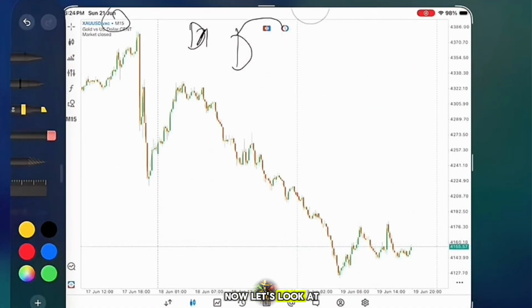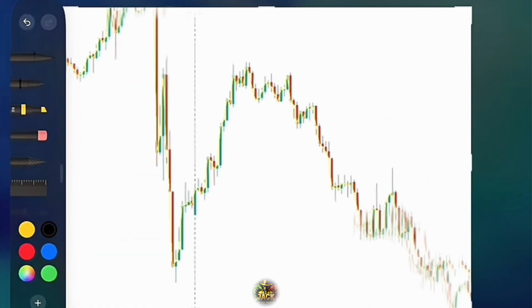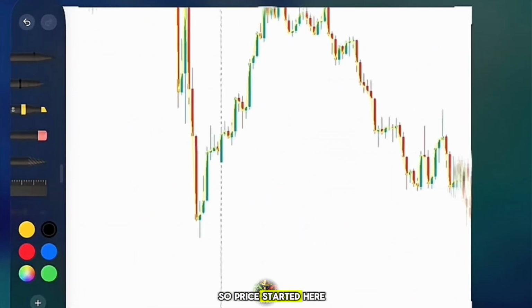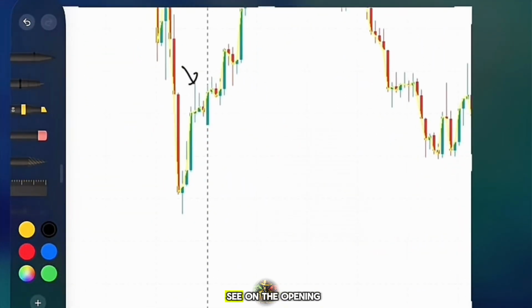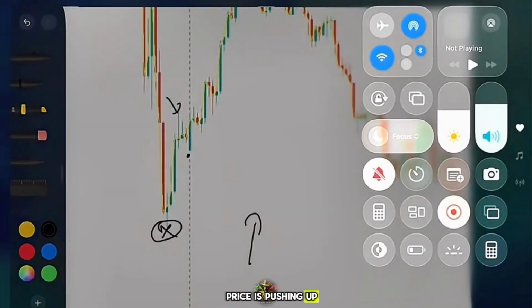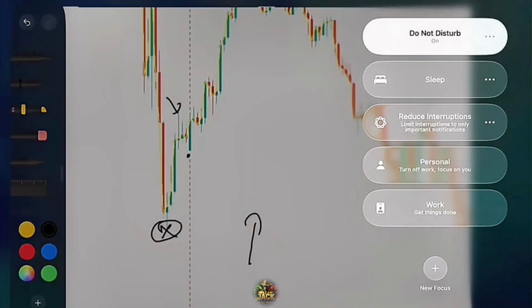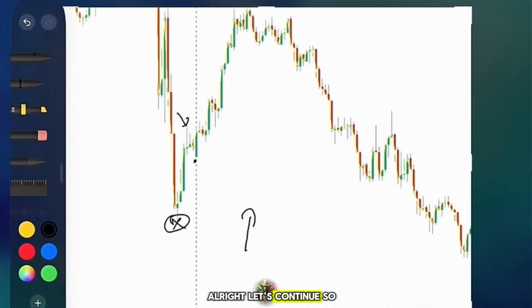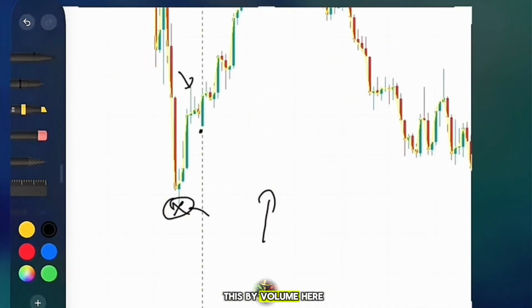Now let's look at this. Price started here, but as you can see, on the opening of this day we already have a buy volume, so this indicates that price is pushing up. This buy volume here indicates price is pushing up.